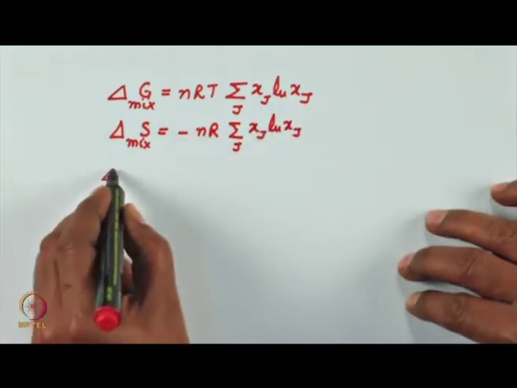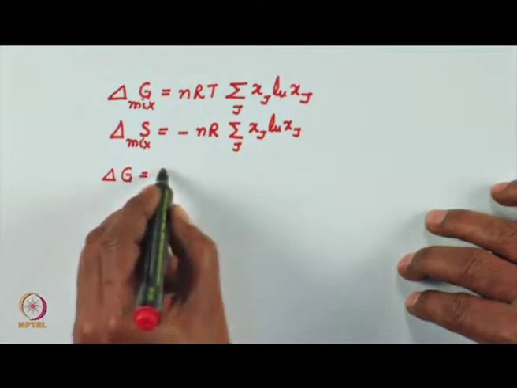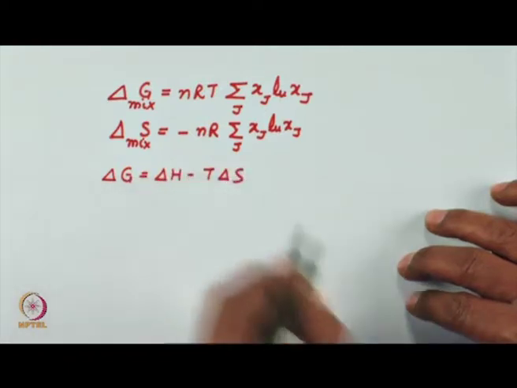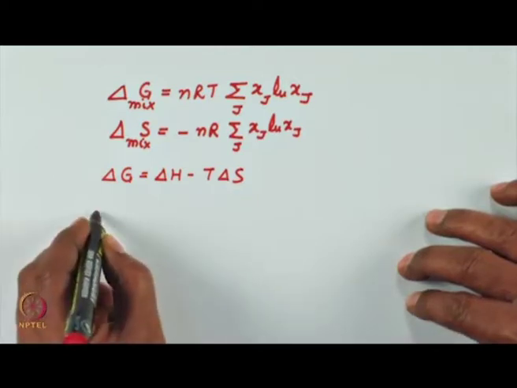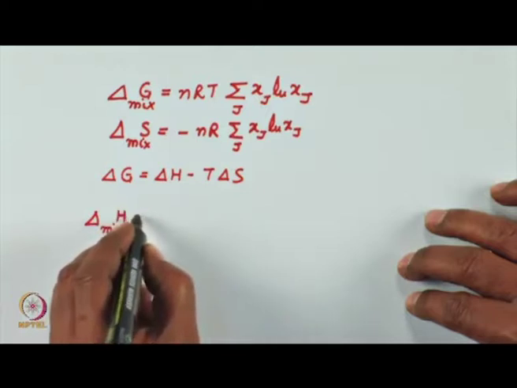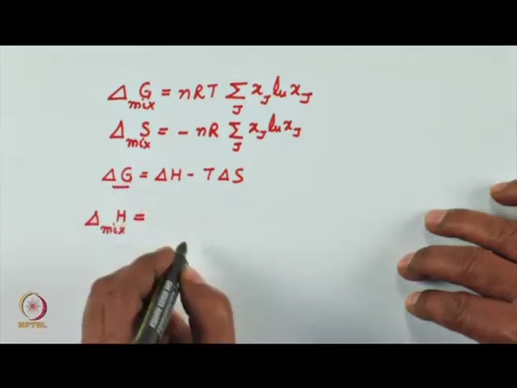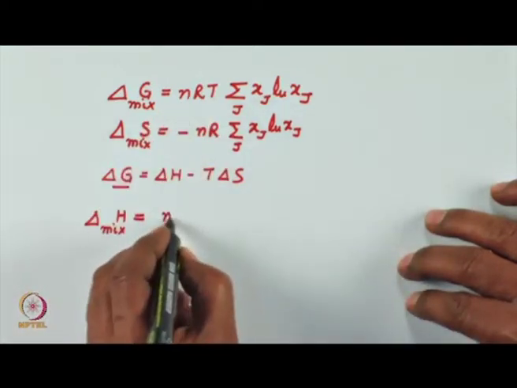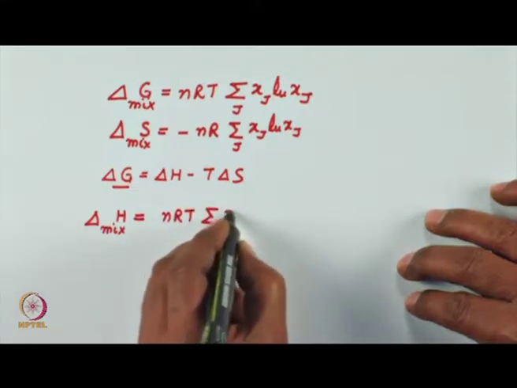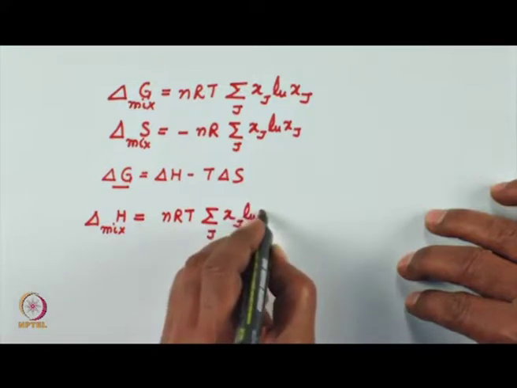Now, I can use delta G is equal to delta H minus T delta S, and from this I can derive an equation for enthalpy of mixing, which is equal to free energy of mixing, which is nRT summation j xj log xj.